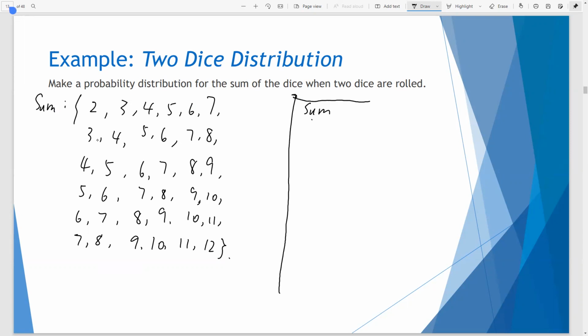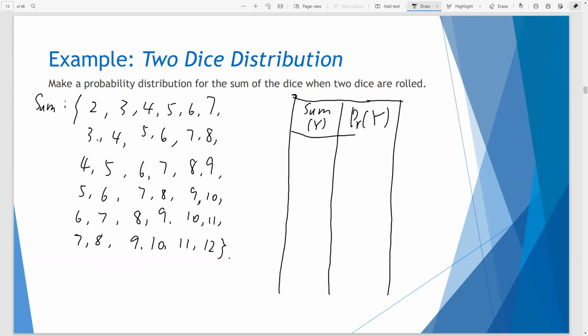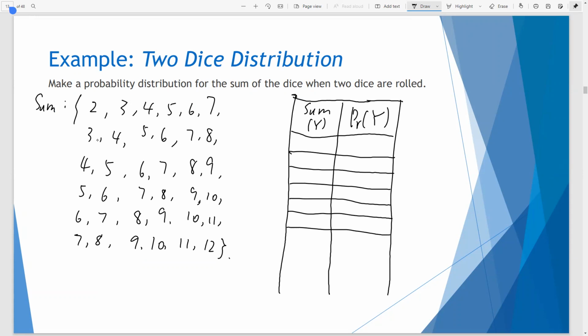Have the sum represented, we could use the letter Y, and the probability of Y. So 2, 3, 4, 5, 6, 7, 8, 9, 10, 11, and finally 12, right?